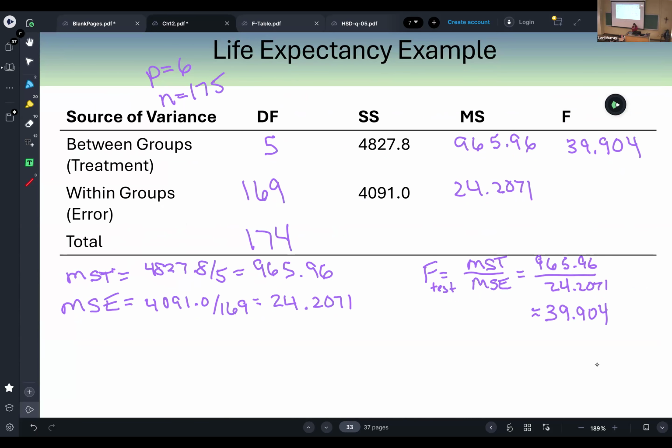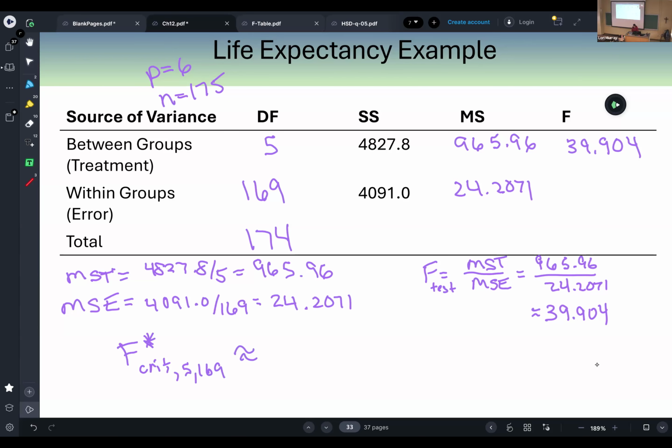We might have cut off the MST there too. It's important to carry to at least 3 or more. I'm kind of cutting some of them off, but we're going to get the same conclusion here because it turns out that the F star, that's the critical value, we're going to use 5 and 169 degrees of freedom.